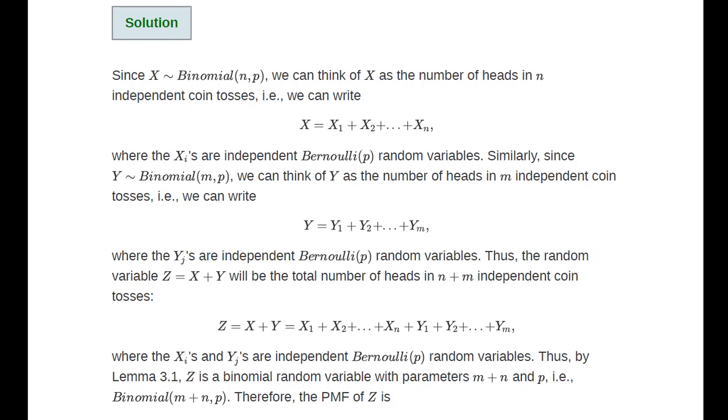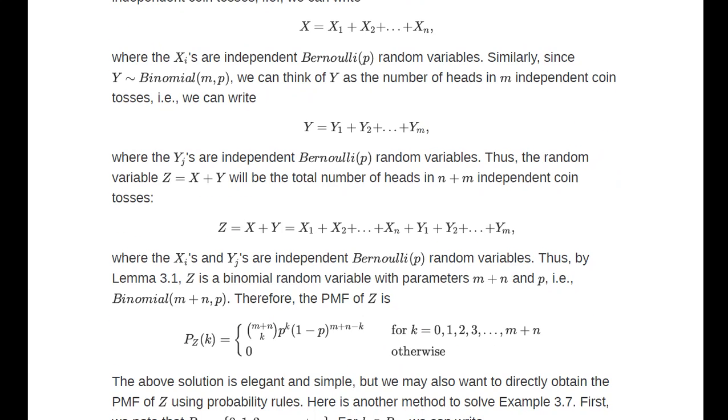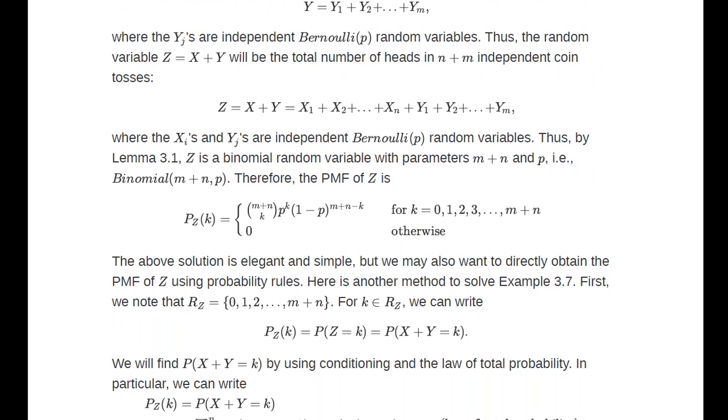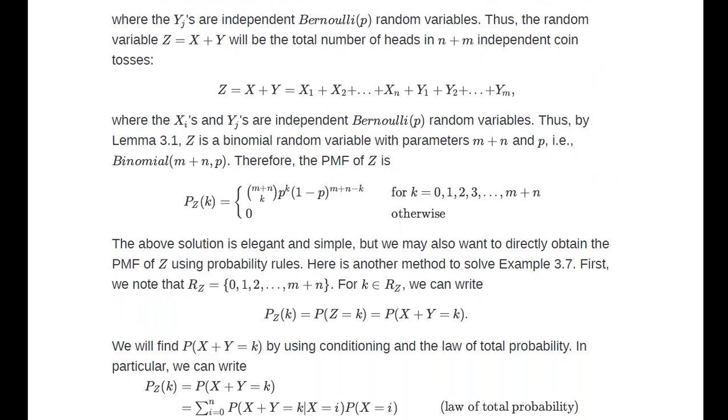Thus, the random variable Z equal X plus Y will be the total number of heads in n plus m independent coin tosses. Z will be equal X plus Y, which is equal to X1 plus X2 until Xn plus Y1 plus Y2 until Ym, where the Xi's and Yj's are independent Bernoulli(p) random variables. Thus, by Lemma 3.1, Z is a binomial random variable with parameters m plus n and p.